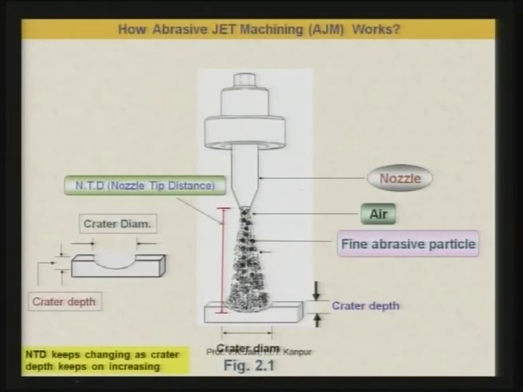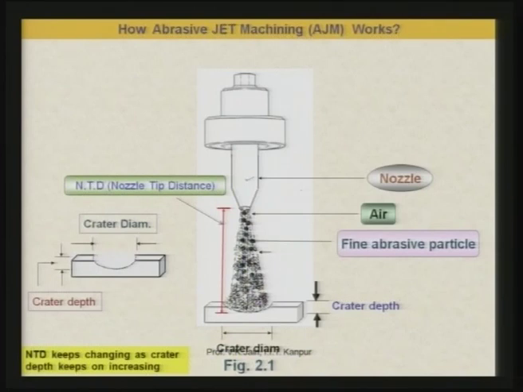Now, let us see how abrasive jet machining or AJM works, which is more or less the same as we discussed in the earlier slide. Here you can see a nozzle through which a mixture of air and abrasive particles is coming out. In place of air, you can have some other gas also.